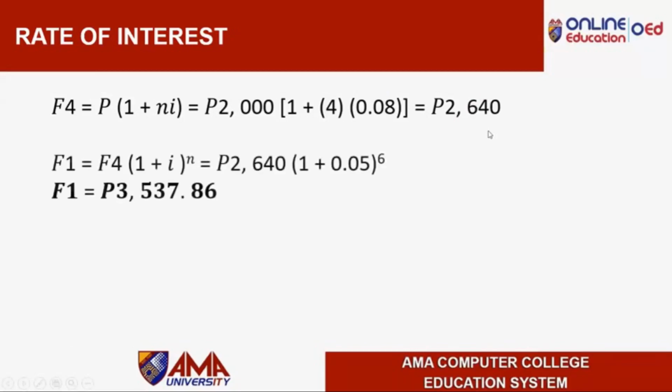Now the formula for F1 is equal to F4 multiplied by 1 plus I raised to N, wherein your F4 is equal to 2,640 multiplied by 1 plus 0.05, because it's 10% and semi-annually, so divided by 2, it should be 0.05 or 5% now. And your N is equal to 6 because it's 3 multiplied by 2, then 6. So your F1 now is 3,537.86.